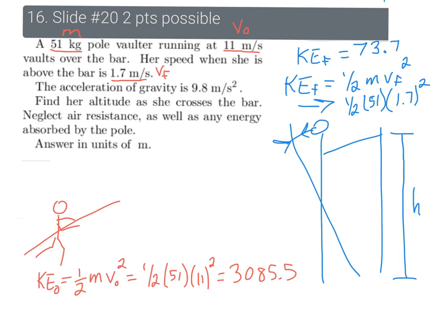Okay, so we have our initial energy and our final energy, and the trick here is to figure out, well, where did the rest of the energy go? Because if we started off with 3,085.5, but at the end I only had 73.7, that means that there's a loss of energy here.